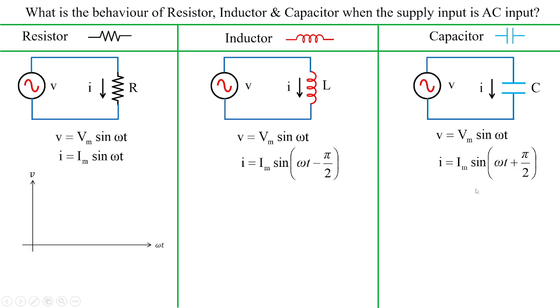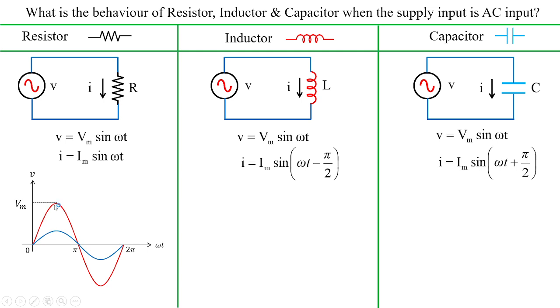When you look into the waveforms of voltage and current, if the source voltage is driving a resistance, then the voltage in the resistance is a sinusoidal curve, whereas the current waveform is in phase with the voltage of the network.